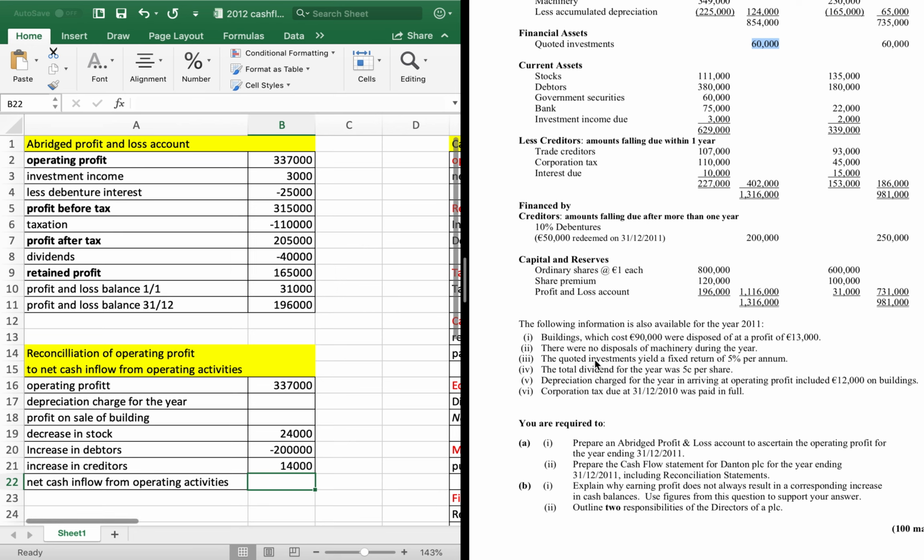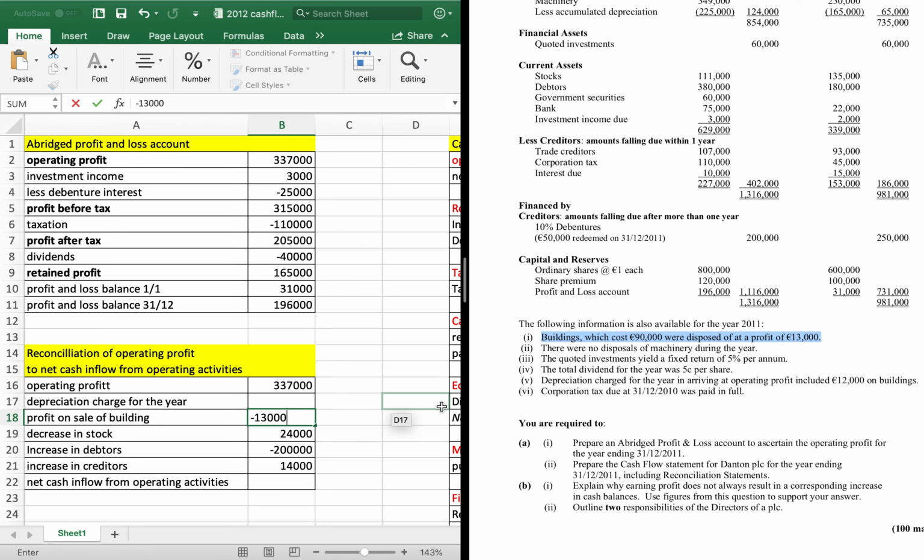So we'll do the profit on the sale of building. The information will always be given down here. So buildings which cost 90,000 were disposed of at a profit of 13,000. So it tells you what the profit is. So profit is a non-cash earning. So it's added on to your trading profit and loss account. So when we adjust or reconcile our cash to it, we have to take it back out.